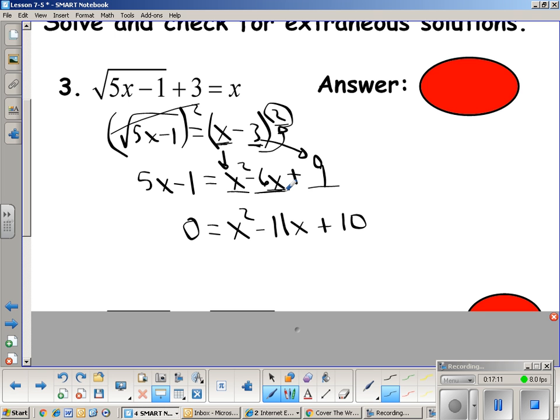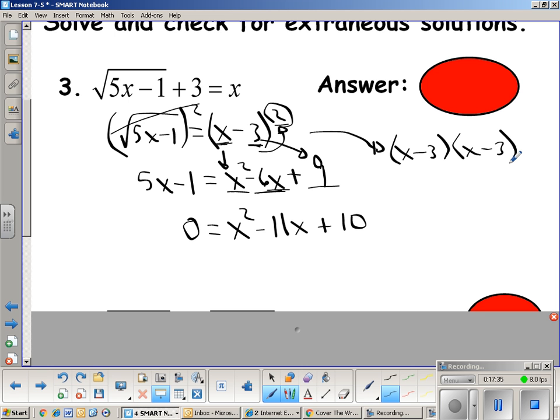But if you forget the shortcut, you can always write it out the long way. Right. And that's what I was saying. If you don't remember the shortcut, you'll have to take this and say x minus 3 times x minus 3, and you'll have to FOIL. And when you do O, you'll get minus 3x, and when you do I, you'll get minus 3x. Minus 3x minus 3x is minus 6x.